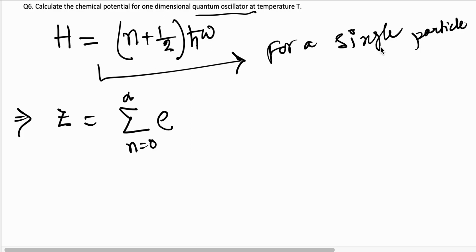This is the Hamiltonian for a single particle whose frequency is omega and sitting at the state n.